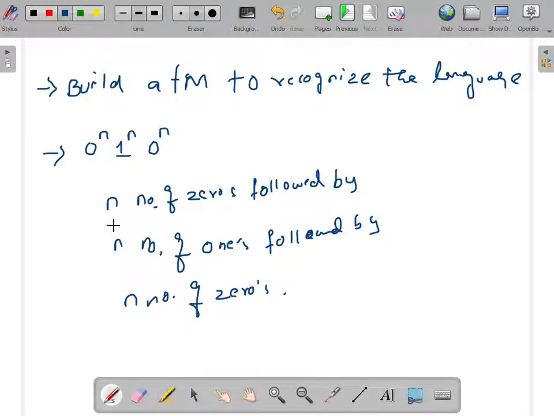Okay, you can read n number of zeros followed by n number of ones followed by n number of zeros.